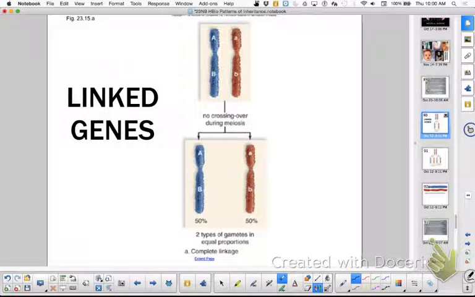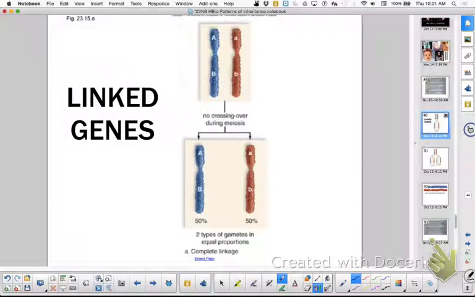And last but not least, we've already talked about this earlier when we talked about crossing over and linked genes. We already discussed this. Linked genes are defined as all the genes on one chromosome form a linkage group.